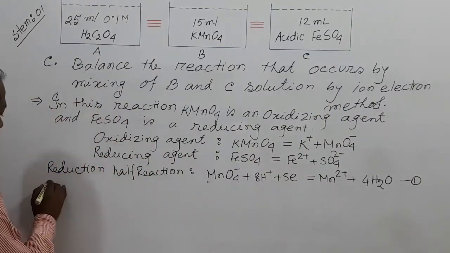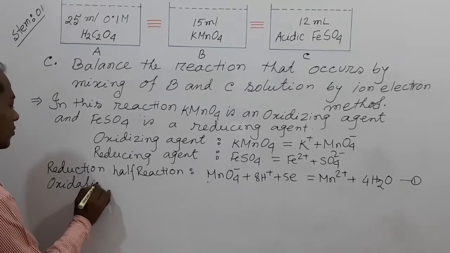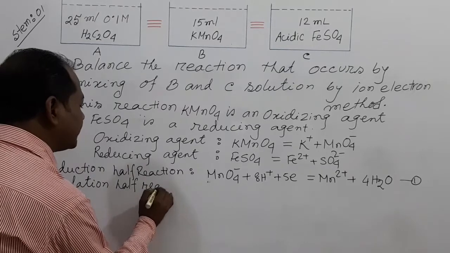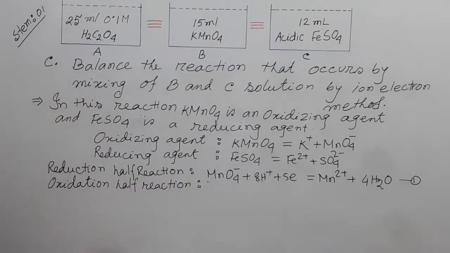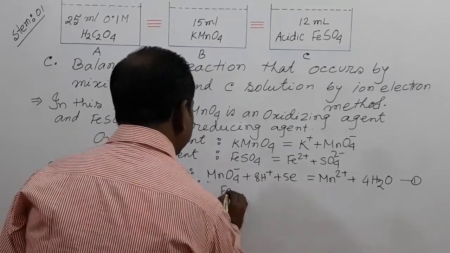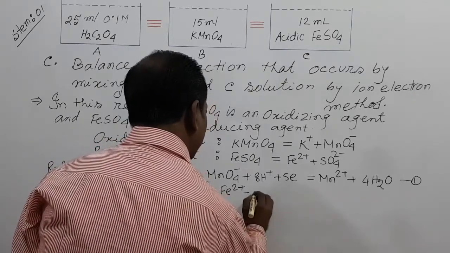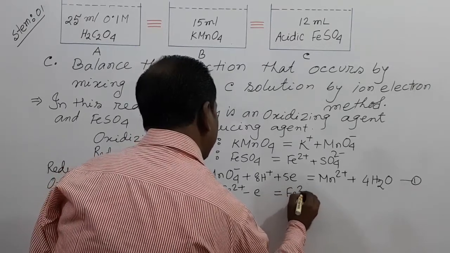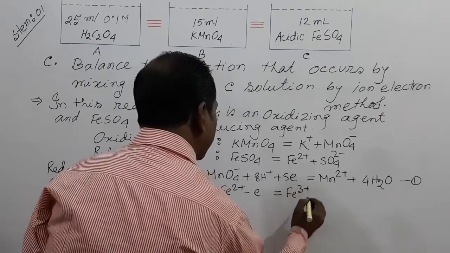And now the oxidation half reaction. Here Fe2 plus reacts and donates 1 electron, and we get ferric ion Fe3 plus.